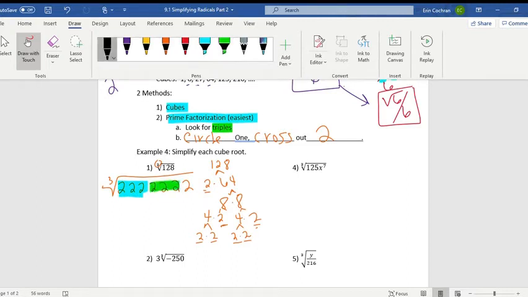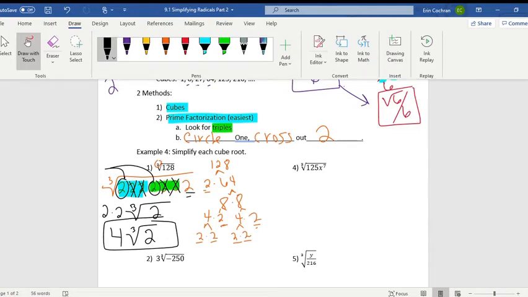So I circle one of my 2s and cross out 2 of them. I circle one of my 2s, cross out the other 2. The last 2 has to stay where it's at. My circles come out. So 2 times 2, and we have the cube root of what's left under a 2. So 2 times 2 is 4 times the cube root of 2.